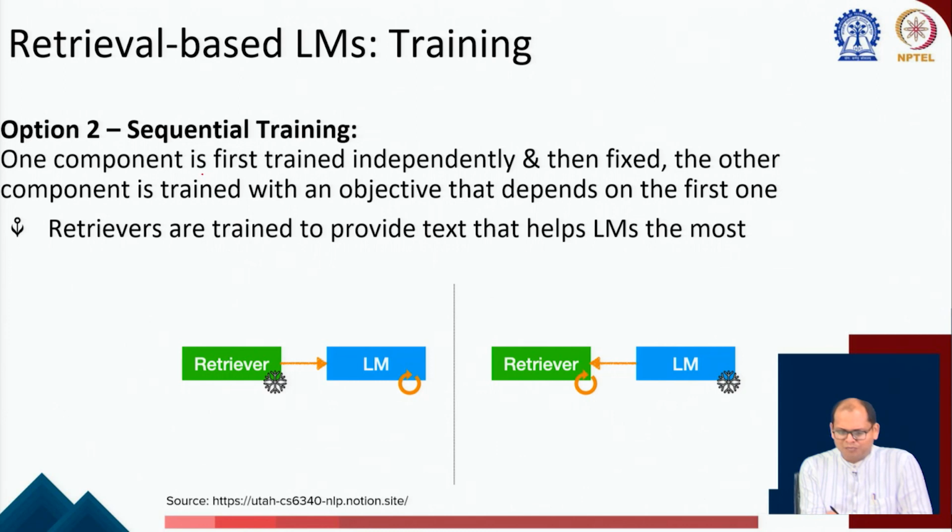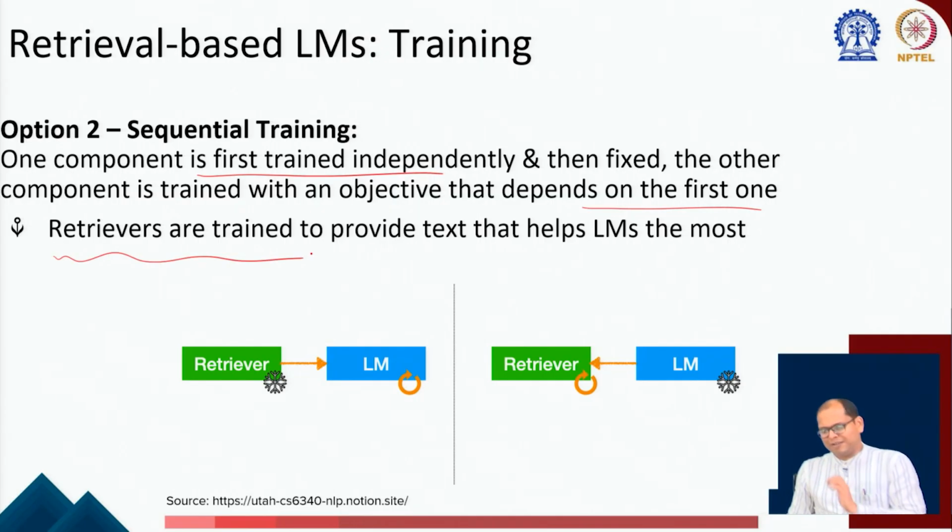So, one component will be first trained independently, and then you freeze that, and the other component is trained with an objective that depends on the first one. You will train the retriever so that it provides the text that helps the language model the most. So, you can train them sequentially. You freeze one model and train another, then you freeze this model and train another. That is what you can do in sequential training.